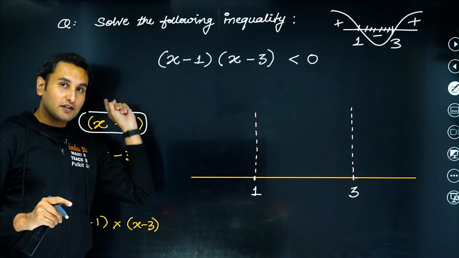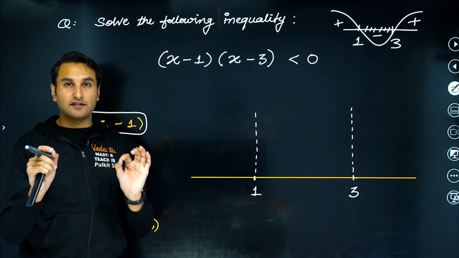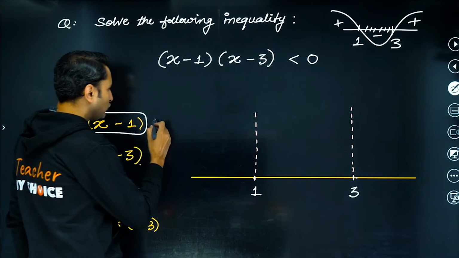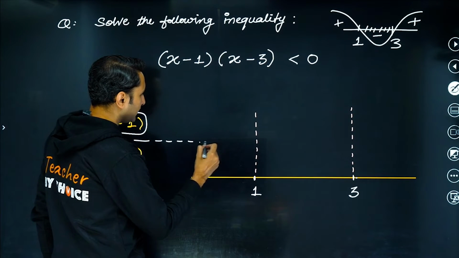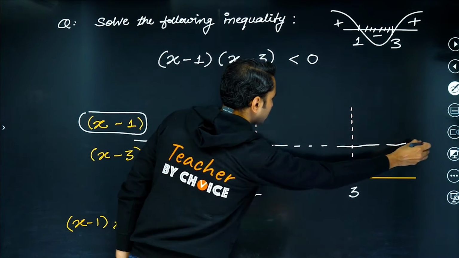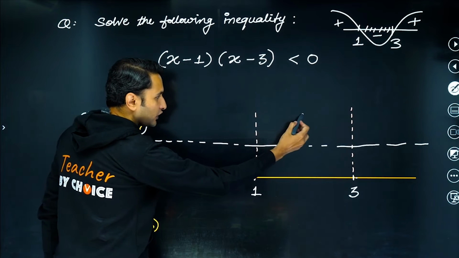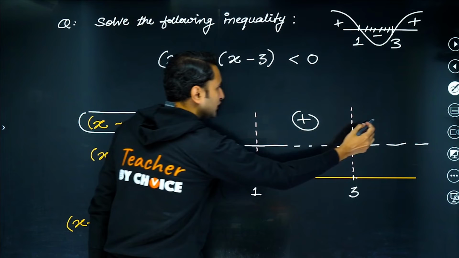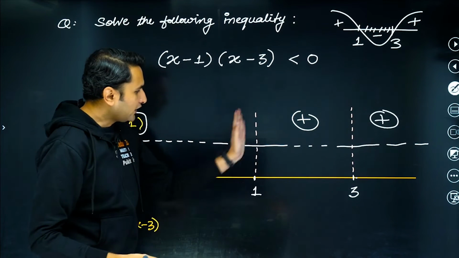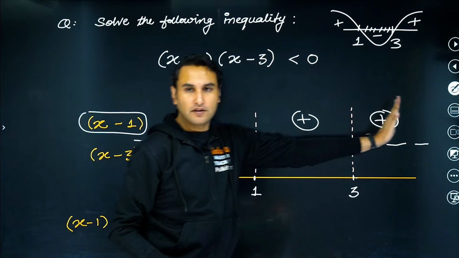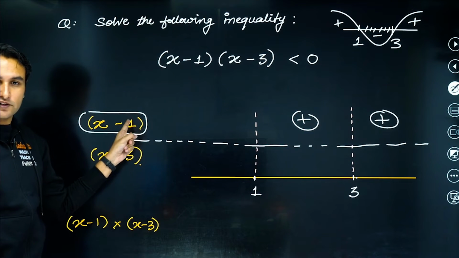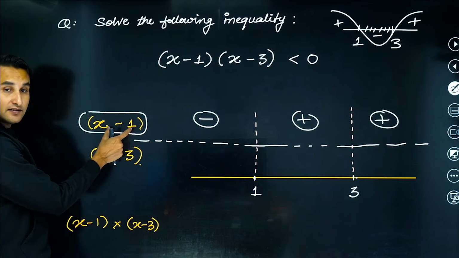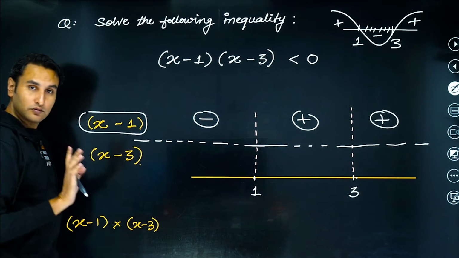So towards the right hand side of 1, x minus 1 is positive and will remain positive, and towards the left of 1, it is negative. At 1 it is 0, you know this.